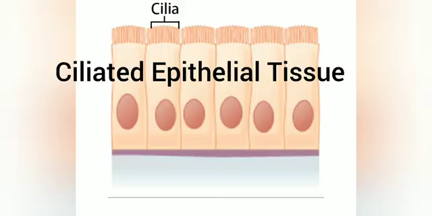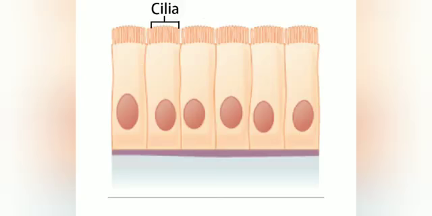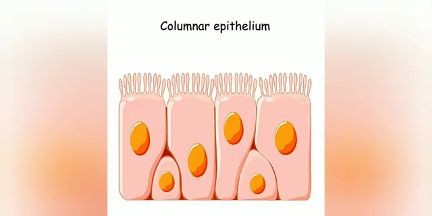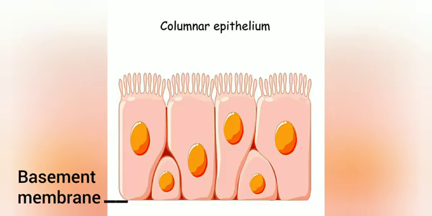Next tissue is ciliated epithelial tissue. Cells of this tissue are cuboidal or columnar. Free ends of cells are broad, while the narrow ends rest on basement membrane.